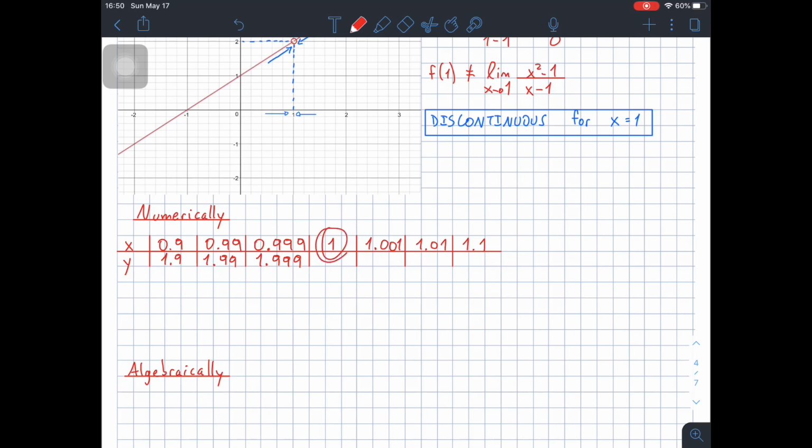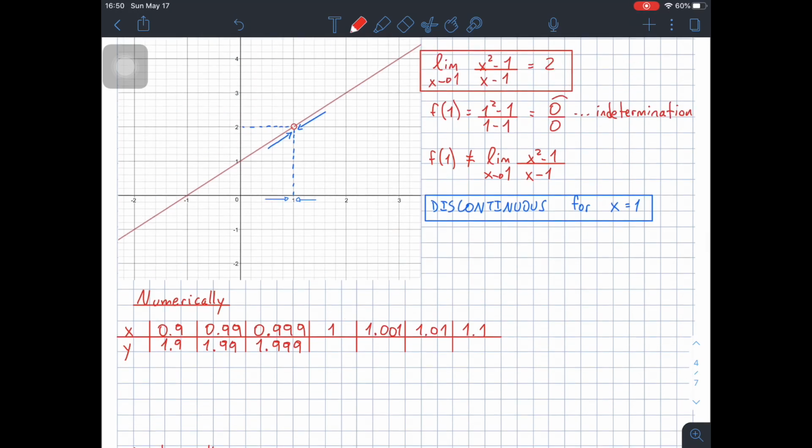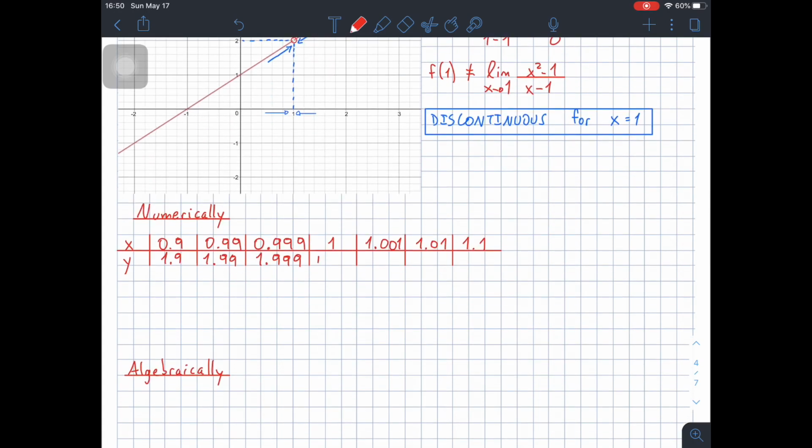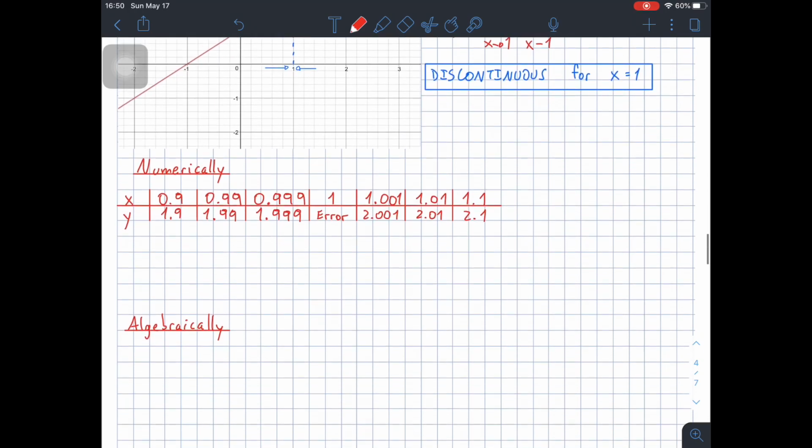For 1, if you do it in your calculator, you should get the indetermination, so you get an error in your calculator. So I'm going to write error. Then for 1.001, this is 2.001. Then we have 2.01. And finally, 2.1.